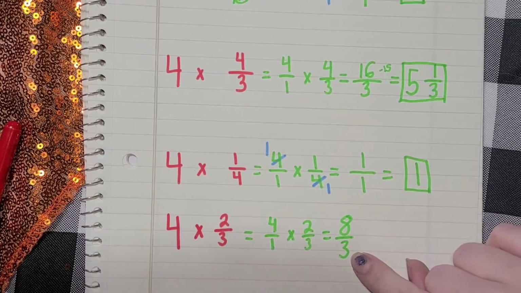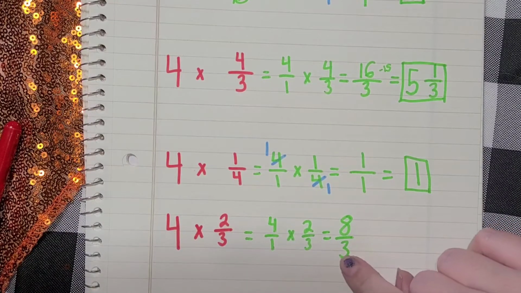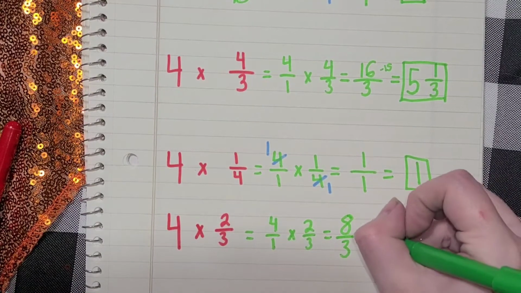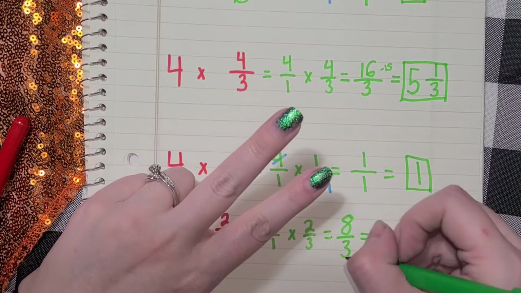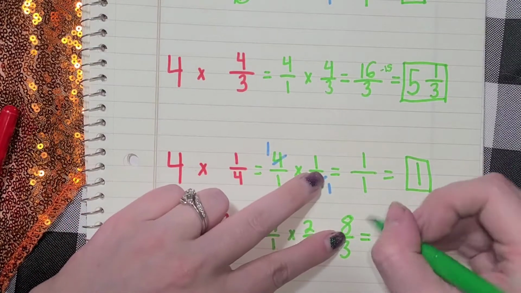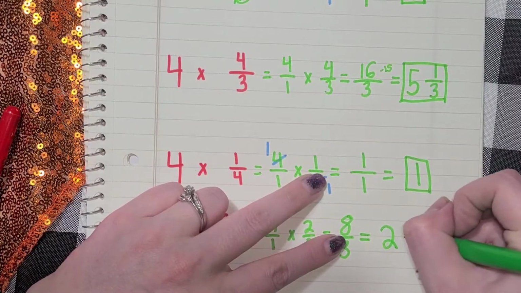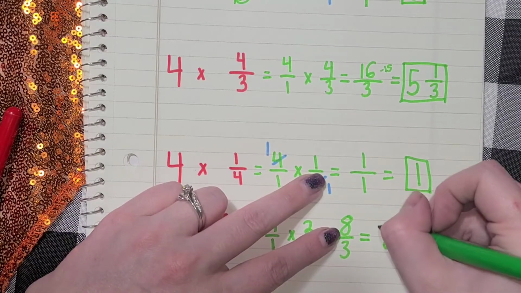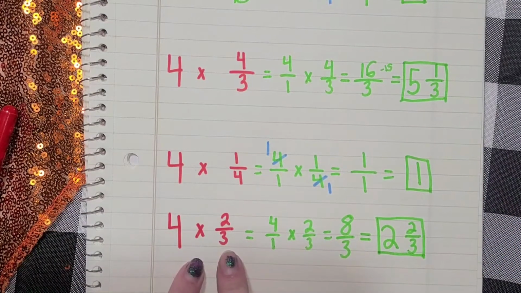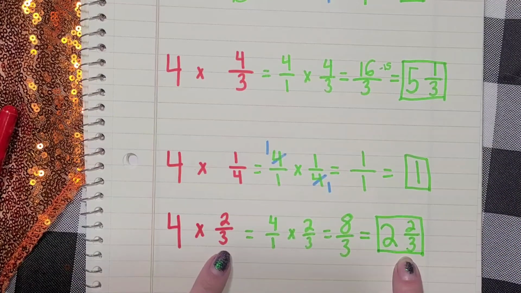I need to pull out my wholes. 3 pulls out of 8 twice, because 3 times 2 is 6. So I can pull out 2 sets of 3, and 8 minus that 6 leaves me with 2 pieces out of 3. All right, so 4 times 2/3 gave me 2 2/3.